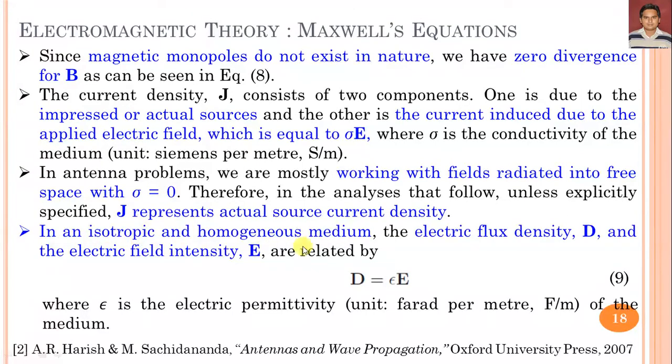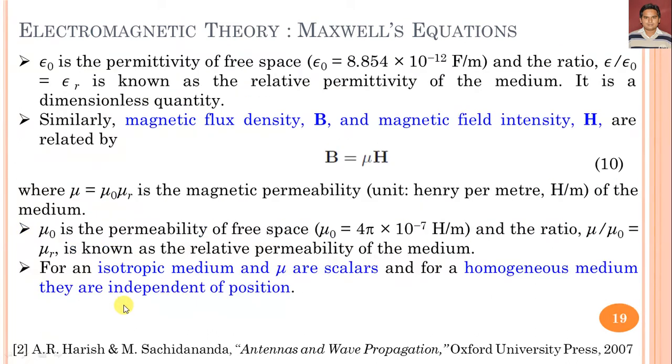In an isotropic and homogeneous medium, the electric flux density D and the electric field intensity E are related by D equal to epsilon E, where epsilon is the electric permittivity, measured in farad per meter, of the medium. Epsilon naught is called the permittivity of free space, and has the value 8.854 times 10 to the power minus 12 farad per meter, and the ratio of epsilon to epsilon naught is called epsilon R, the relative permittivity.